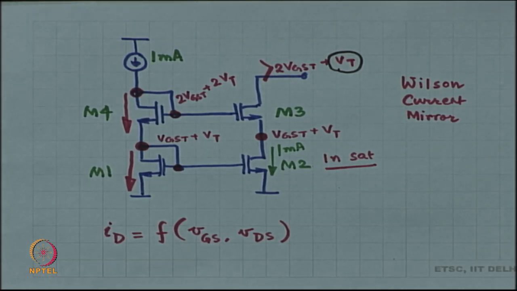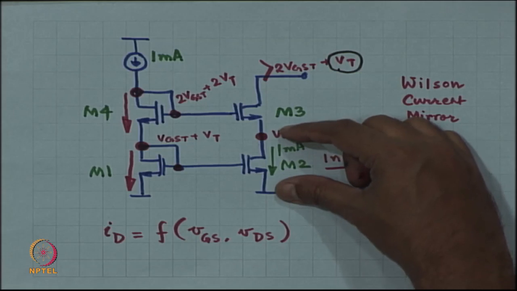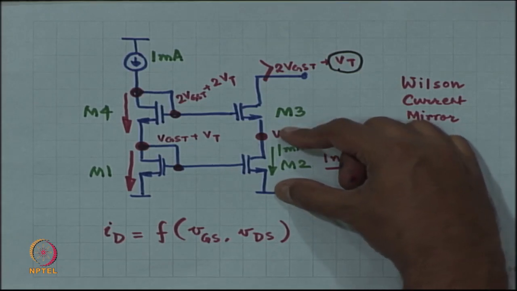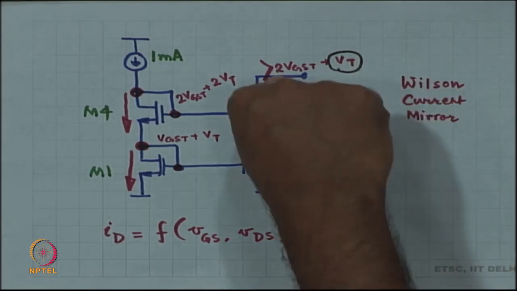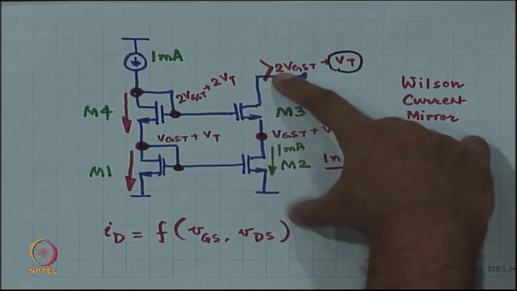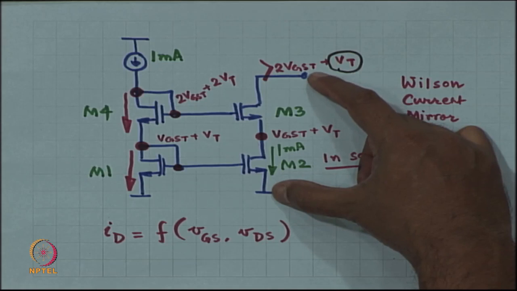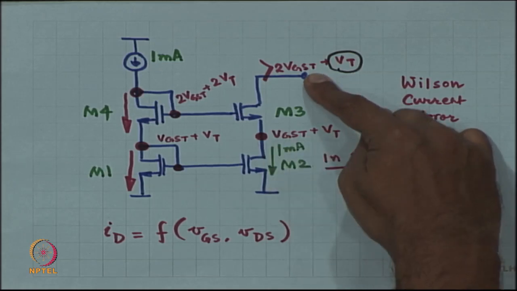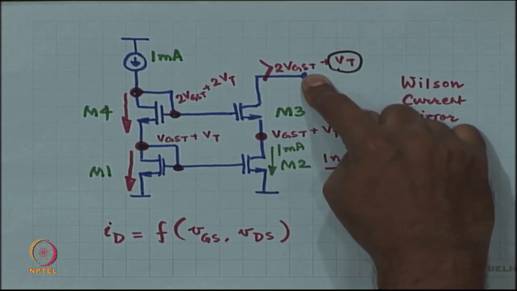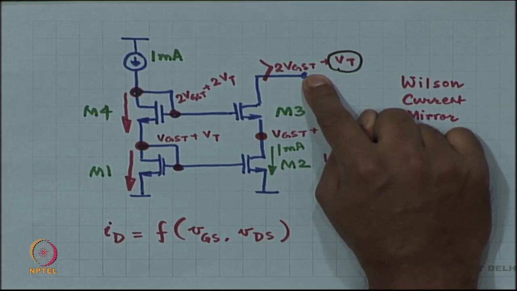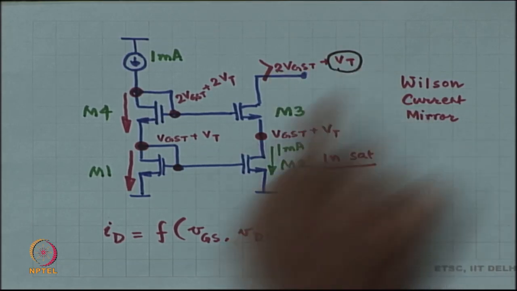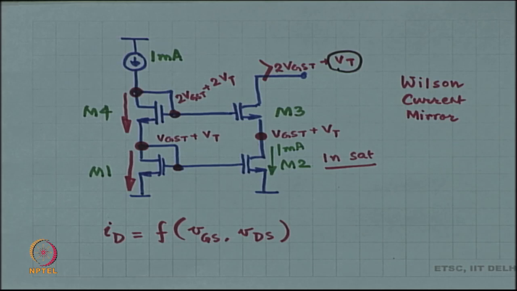Whereas in the optimal case I only need VGST across drain and source and another VGST across drain and source, which means that in the optimal case the lowest possible output should just be 2 VGST. In this case it is 2 VGST plus a VT. So the output range is suboptimal.